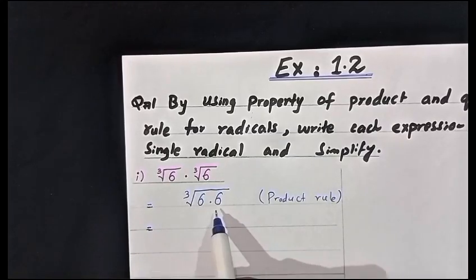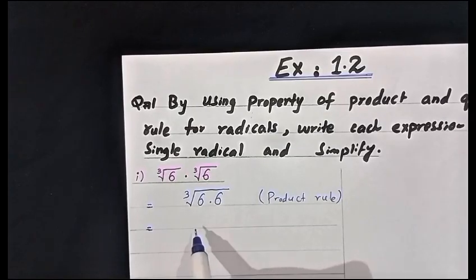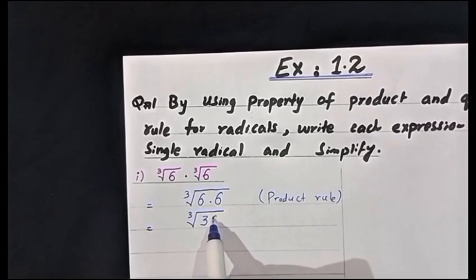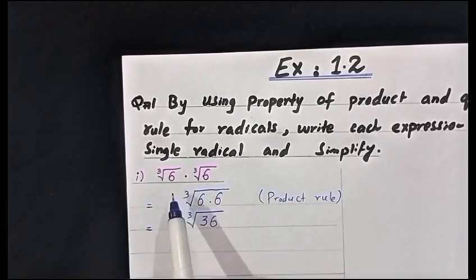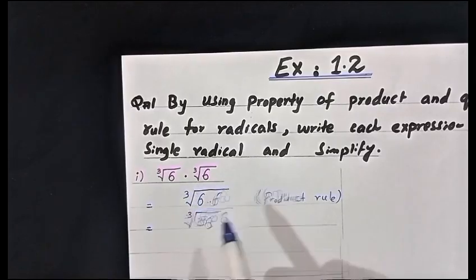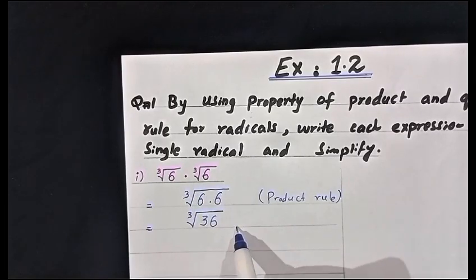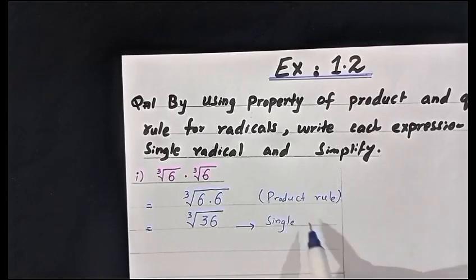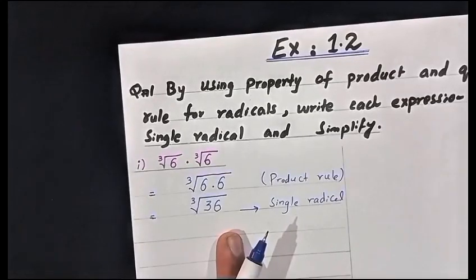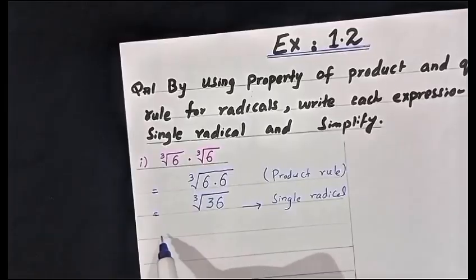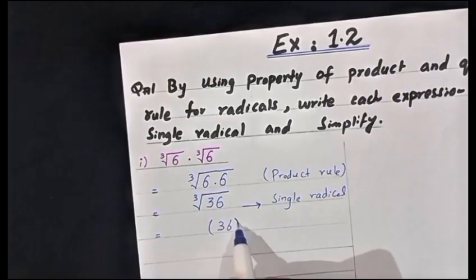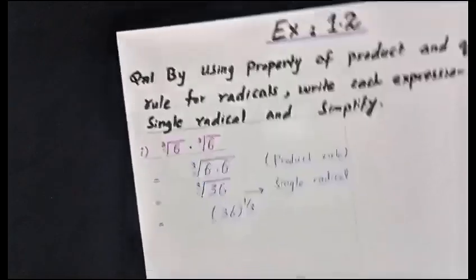Now 6 dot 6 means 6 multiplied by 6, that equals 36. So we replace this by the cube root of 36. This is a representation of two radical expressions as a single radical expression. Now we will simplify it. We write it in exponential form, that is 36 power 1 by 3.